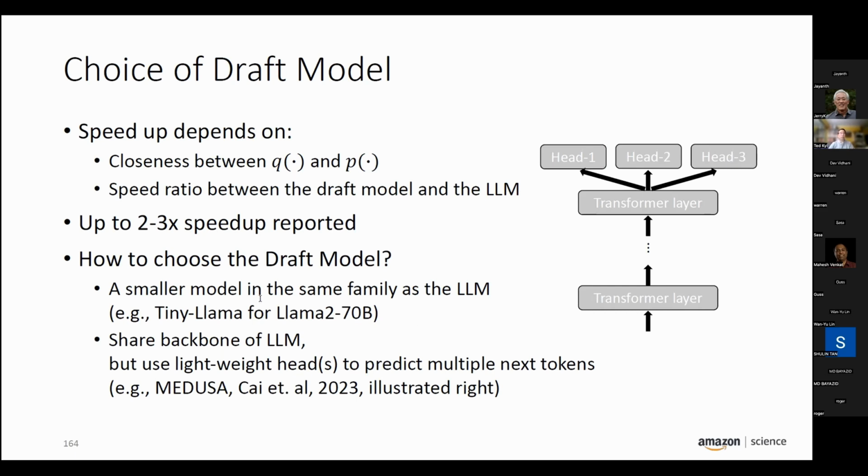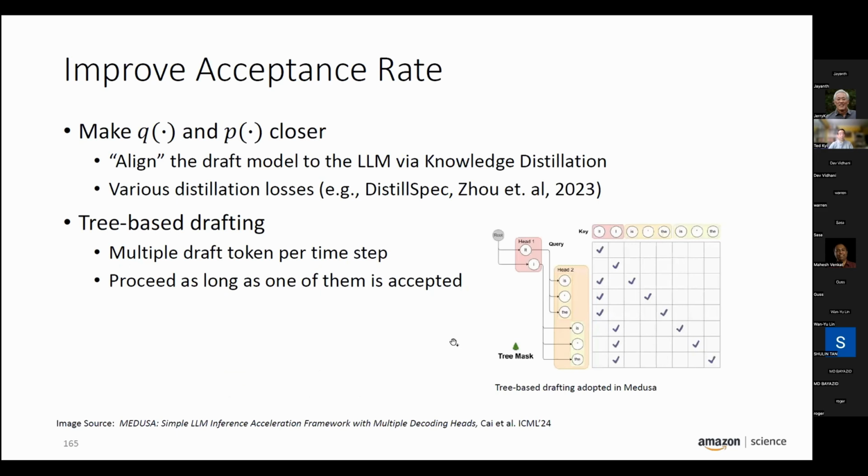Minimally, you have to use the exact same tokenization scheme, and the same family is likely to produce more similar outputs. So you can use a tiny Llama. I don't even know if there's a tiny Llama that's been released, but a Llama 2 billion to predict the output of your Llama 70 billion. And that's the general gist of it.